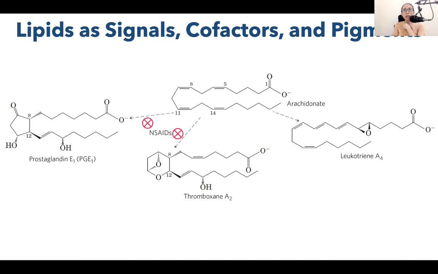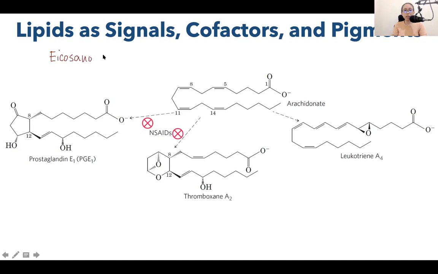Ano yung primarily nakita natin? Energy storage and insulation and structural part of your membranes, di ba? Aside from those, lipids can also be signaling molecules, cofactors, and light-absorbing pigments. So for example, we have what we call a group of molecules called eicosanoids.